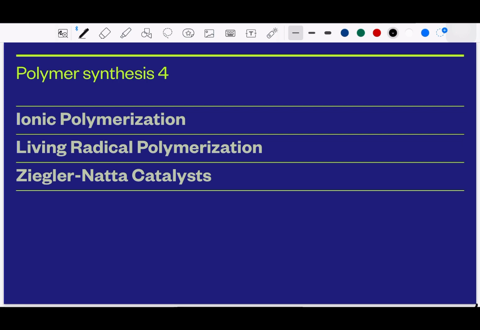I hope today and maybe Thursday we are going to cover all of this. There are some details that we need to know, and at least you know the principle, okay? Although maybe not all the reactions and the formulas, at least the principle behind all this synthesis. So let's start with the ionic polymerizations.